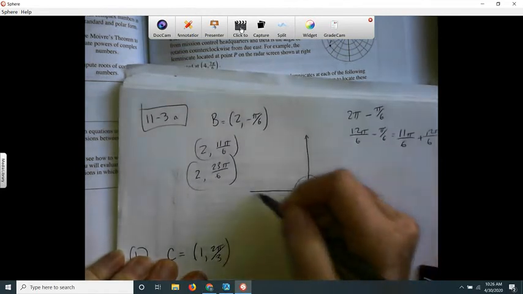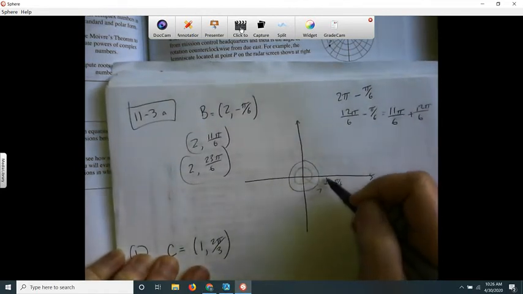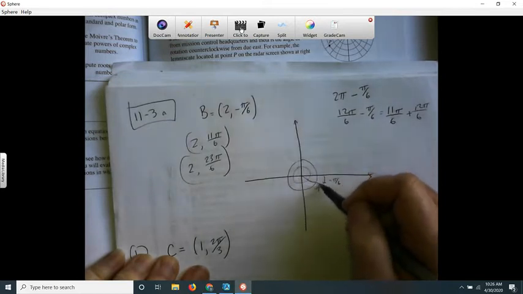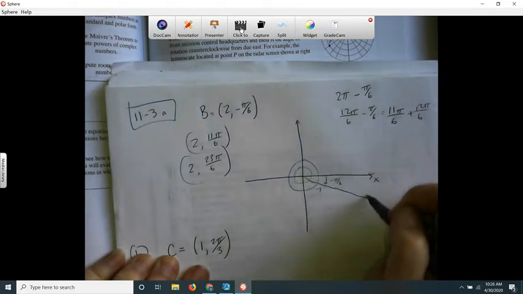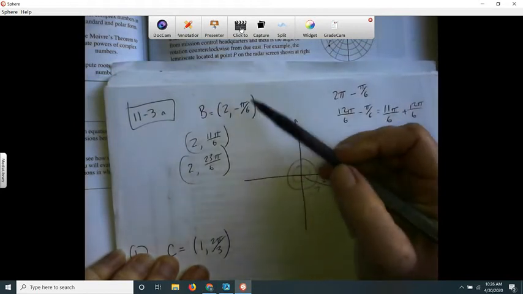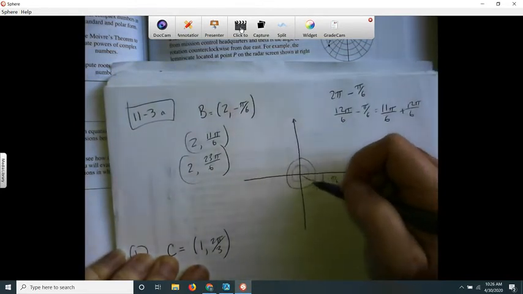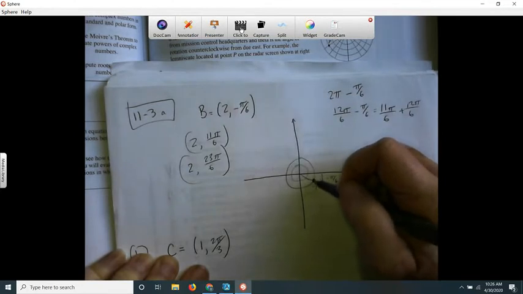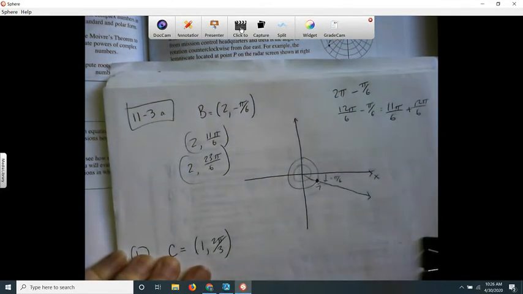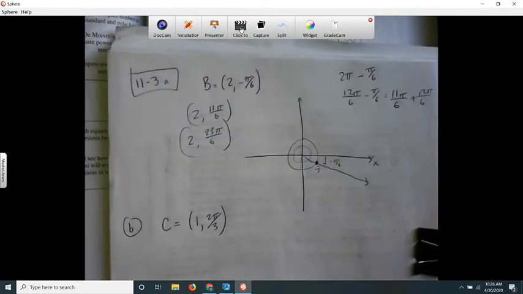There's my polar axis. I'm supposed to go negative pi over 6, so this is my angle. I'll just sketch it in. It might not be perfect, but it's okay. And my radius is 2, so I'm going to go 1, 2. So that's point B. Now, how else can I get there?